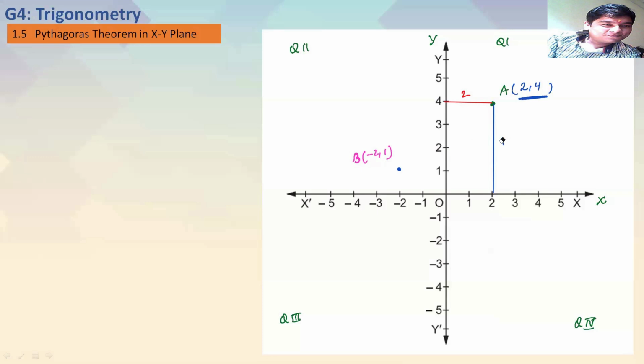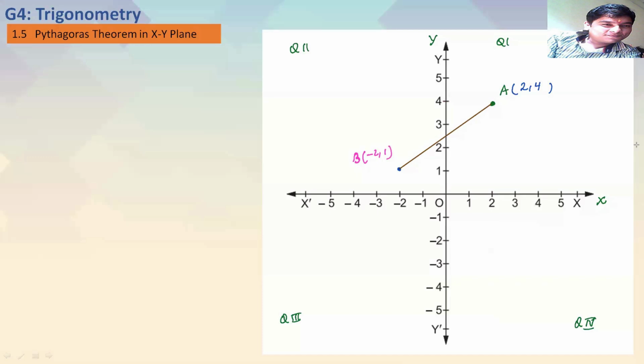All right. Now we wish to find out the distance between these 2 points. That means the length of this line segment. You know, the Pythagorean theorem helps us in this. How? A very good question, I would say.